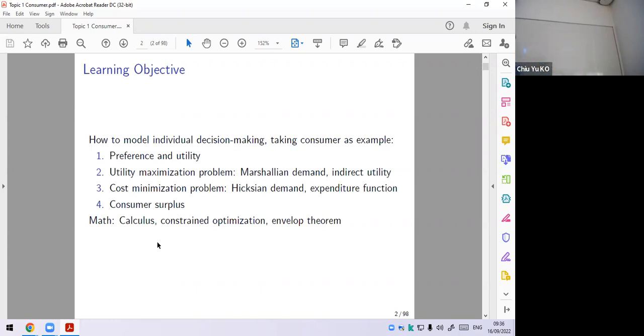The next topic, which we should cover in the second half today, is the firm. The firm is usually much easier to describe because, as we know, most of the time we have a firm that is mainly for profit making, or an NGO focusing on some objective they have in mind, so we have a clear objective.